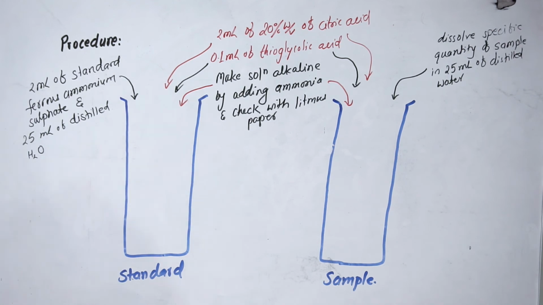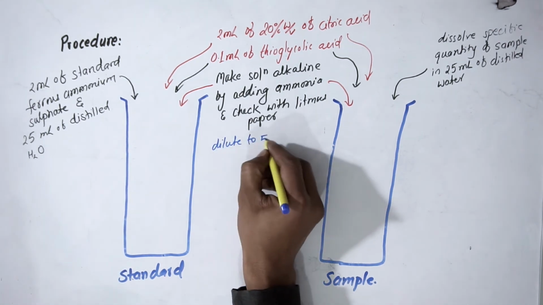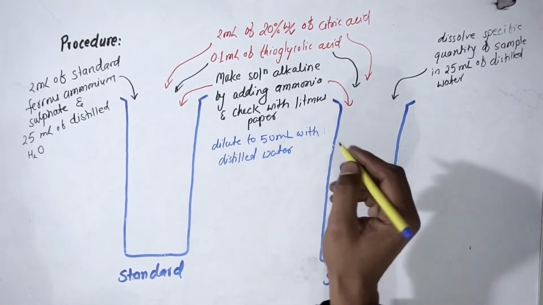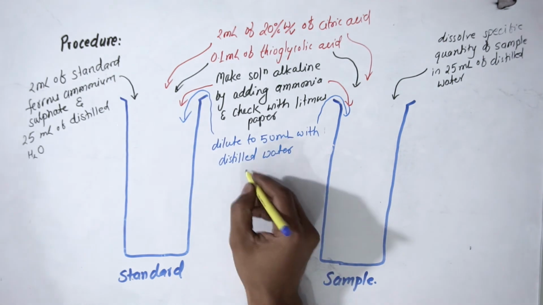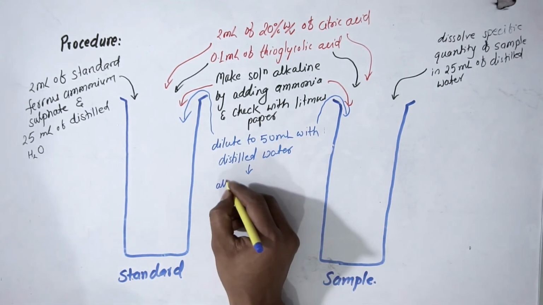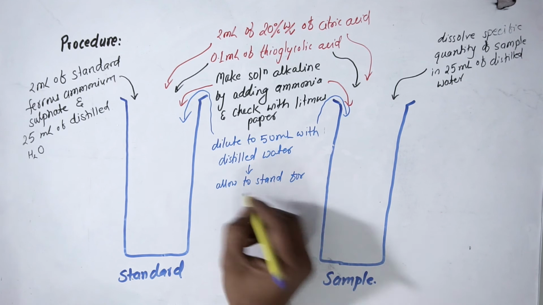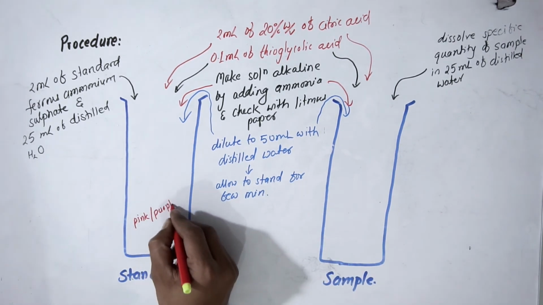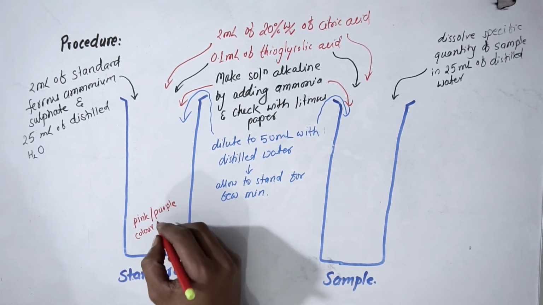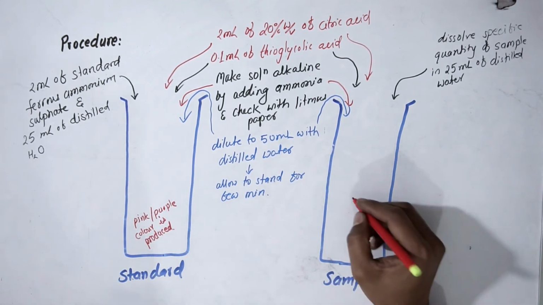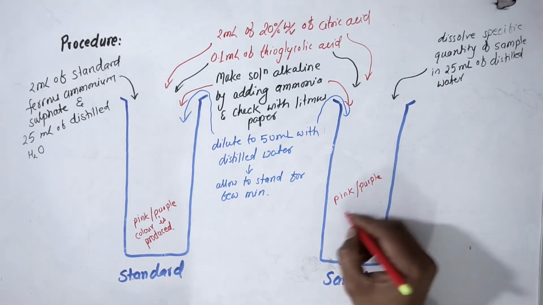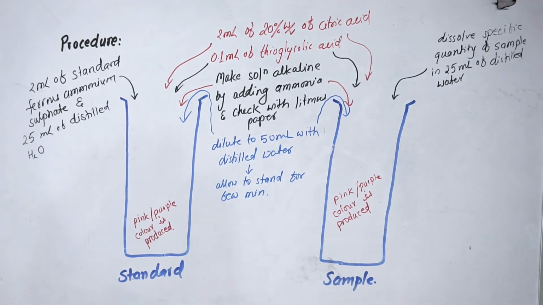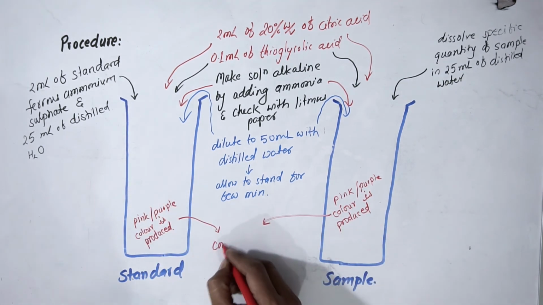Then we dilute it to 50 ml with distilled water, up to the mark, and allow it to stand for a few minutes. As a result, pink purple color will be developed in the standard Nessler cylinder, which is called the standard color, and pink purple color produced in the sample Nessler cylinder is called the sample color, and both these colors are going to be compared.